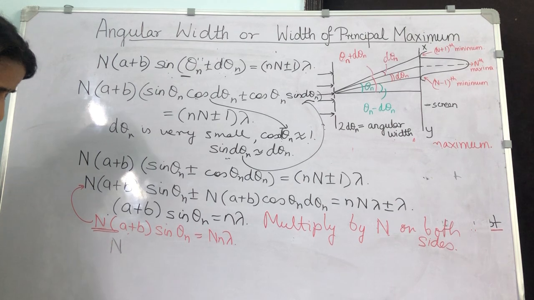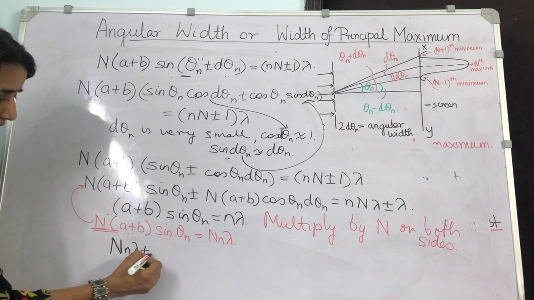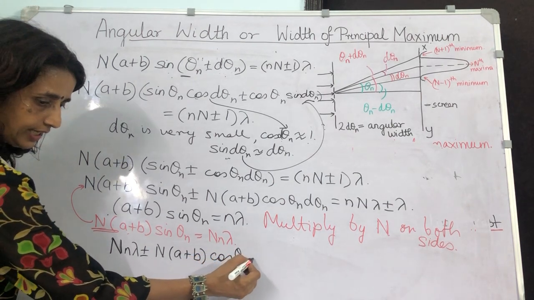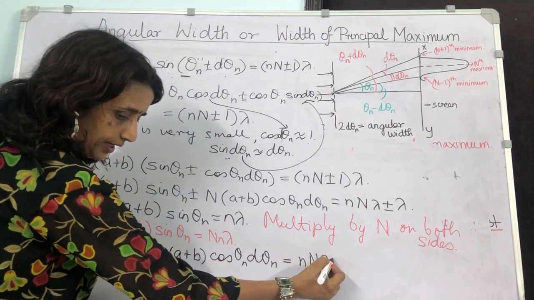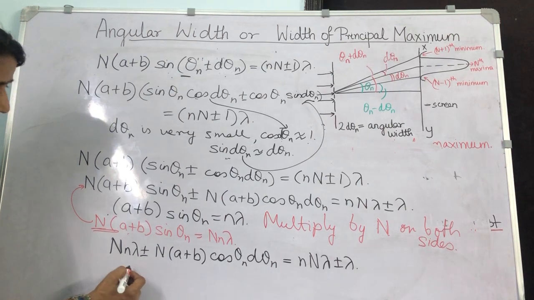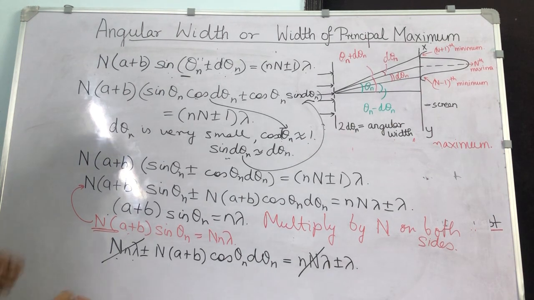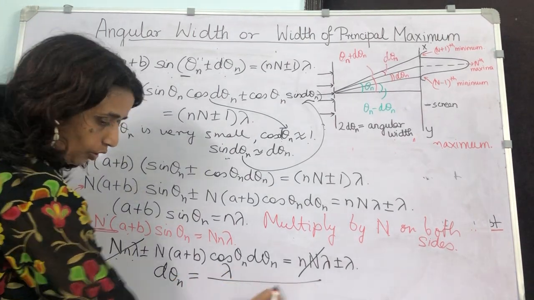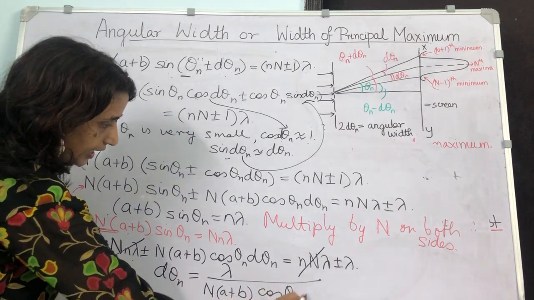The expression becomes N nλ ± N(a+b) cos θn dθn = N nλ ± λ. So this gets cancelled, this gets cancelled, and we are left with dθn = λ / (N(a+b) cos θn).